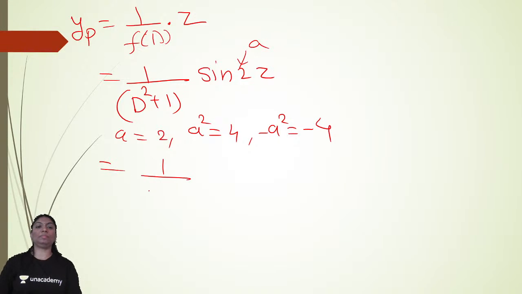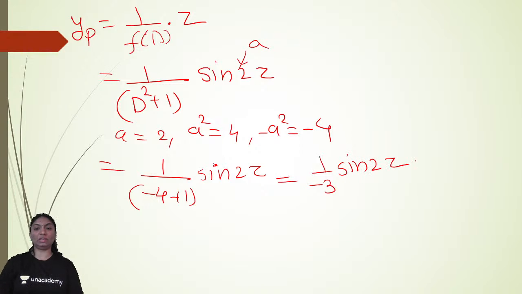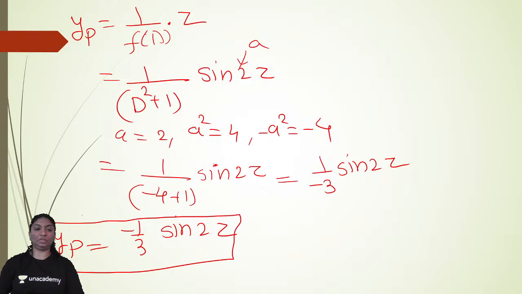So it is 1 upon minus 4 plus 1 into sin 2z, which is 1 upon minus 3 into sin 2z. So yp is equal to minus 1 by 3 into sin 2z.